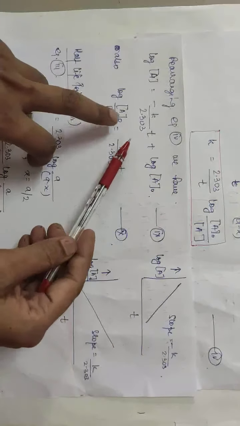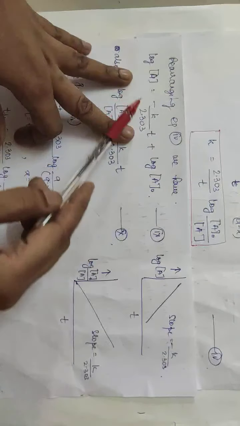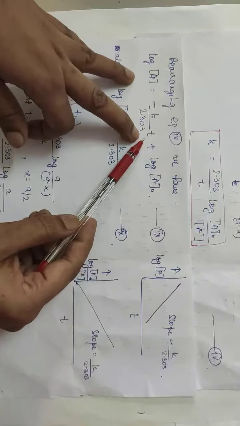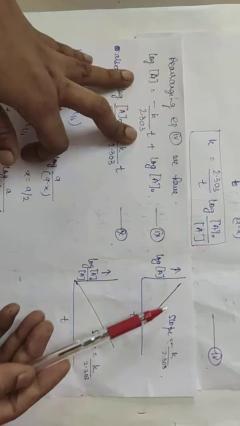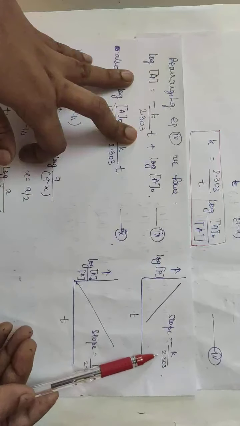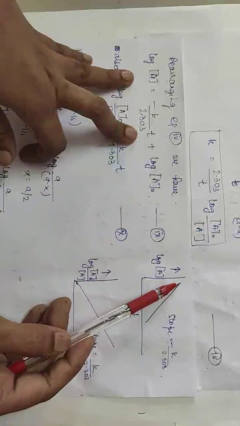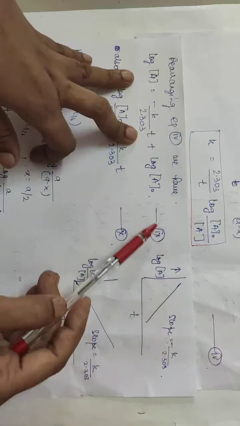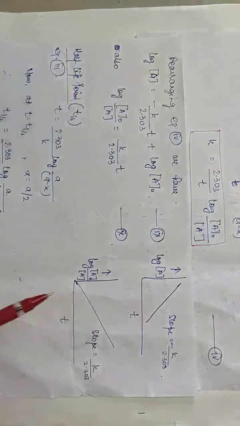If we consider this equation and plot log a versus time t, then it will give this type of graph with slope minus k upon 2.303, and it will have the intercept on the y-axis at log of the molar concentration of a naught.